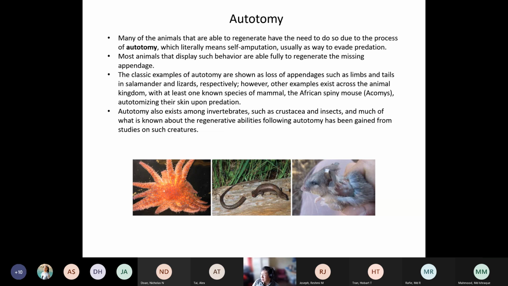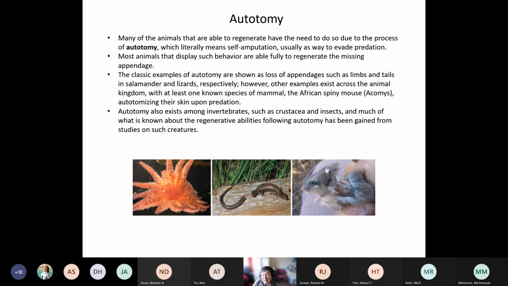Okay, I would like to introduce this very important term that sets up good model systems for the study of regeneration. This term is called autotomy. So what is autotomy? Autotomy is a term that is used to describe a process related to regeneration. The term itself basically means a self-amputation.